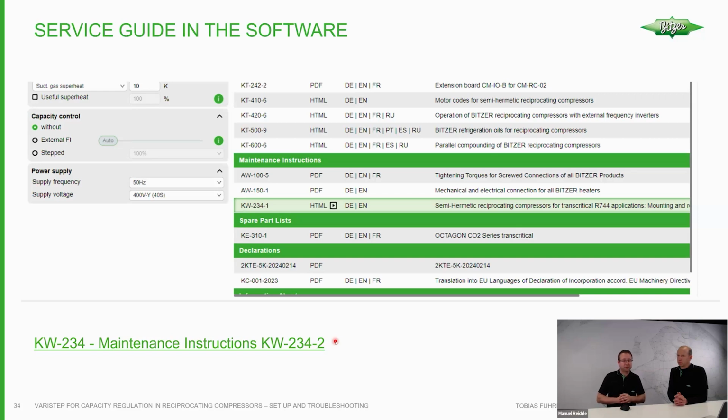If I have done this, I can come with a permanent magnet coil, and then I would measure the amps in full load condition, and I would measure the amps at 50% operation, first at the left side bank of the compressor, and then I check the 50% of the other side.